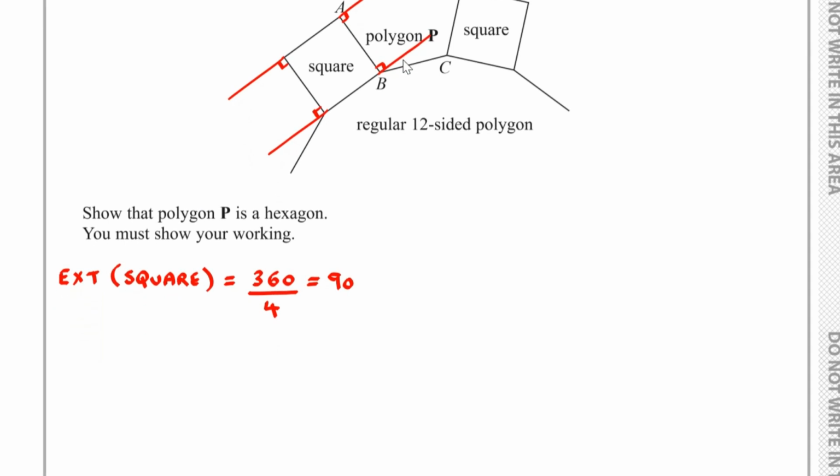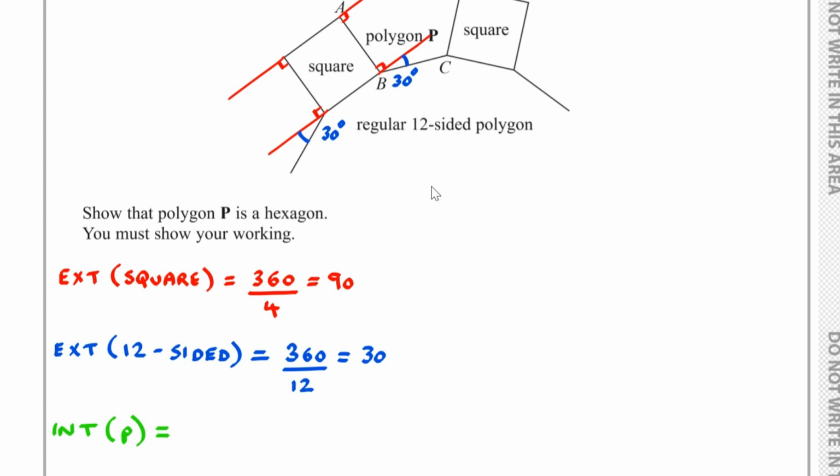Now what we can also do is find out the exterior angle of this 12-sided polygon. So the exterior angle of the 12-sided shape, well, 360 divided by the number of sides, 12, that's equal to 30.